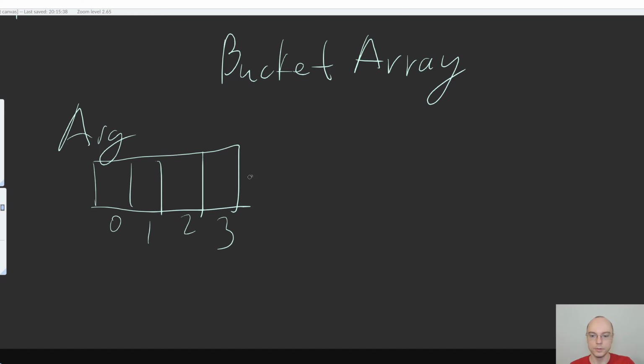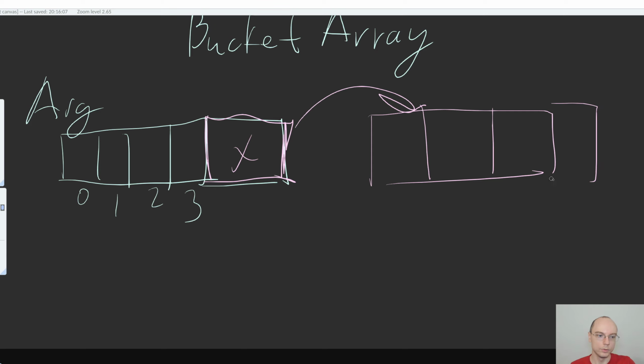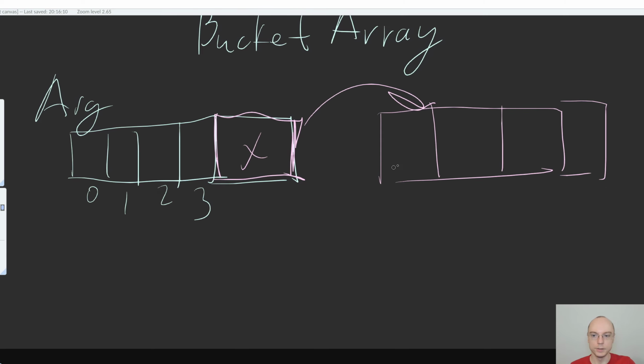You can either have a linked list, so at the very end you would have a pointer to a next block, and the next block can be the same size, which usually is nicer, or can be different size. But then you just say, okay, I have this new chunk of memory, and it's just the same as the other one, and the indexes continue. So this is going to be 4, 5, 6, and 7, right?